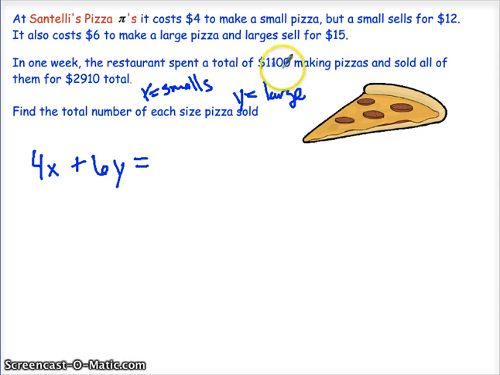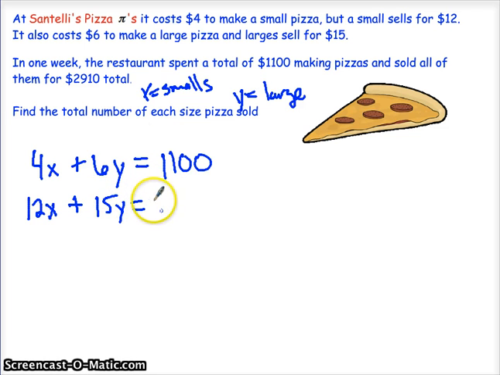Our costs for the week were $1,100. Also, we know that we make $12 per small pizza and $15 per large, and our total income was $2,910.